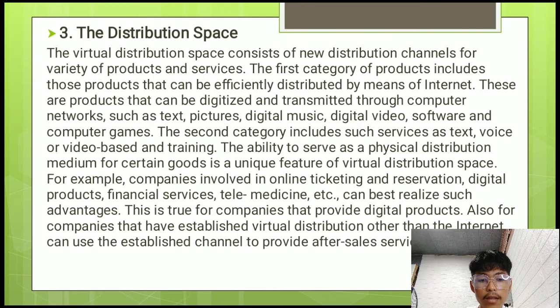These are products that can be digitized and transmitted through computer networks, such as text, pictures, digital music, digital video, software, and computer games. The second category includes services such as text, voice, or video-based training.